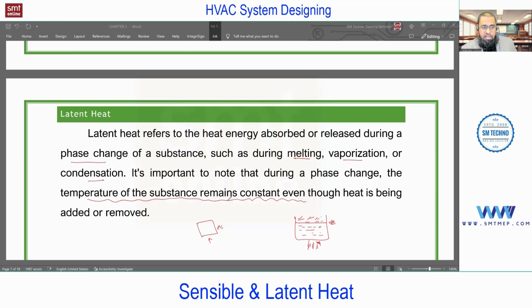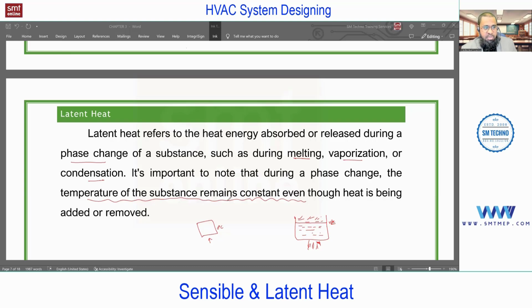load calculation. Because if you talk about load calculation, one example is heat gain through ventilation. What do you think? Is it only sensible, or sensible plus latent, or only latent? Sensible plus latent. Yes, sensible plus latent. Why? Because heat gain through ventilation means outside air. And remember, air means what? Fluid. But with respect to psychrometrics, dry air plus moisture.